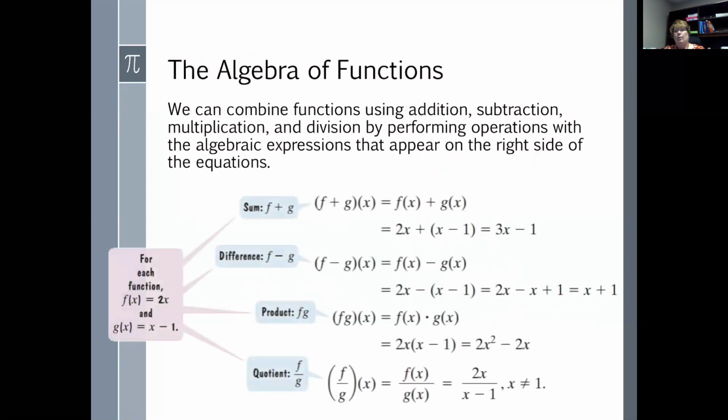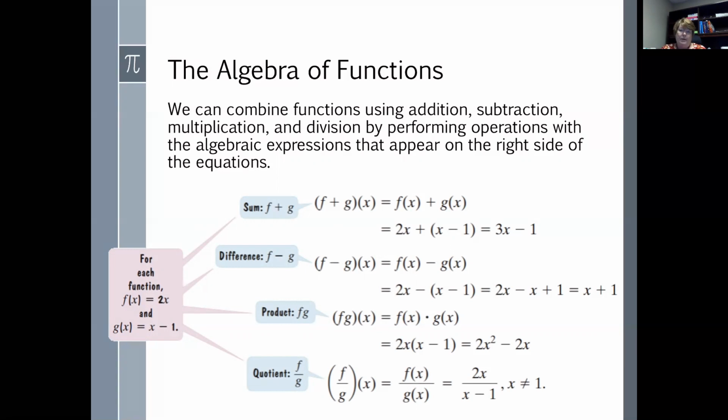Okay, so how can we combine functions? Let's first look at the algebra of functions. We can combine functions by using addition, subtraction, multiplication, and division by performing the operations with the algebraic expressions that appear on the right-hand side of the equation.